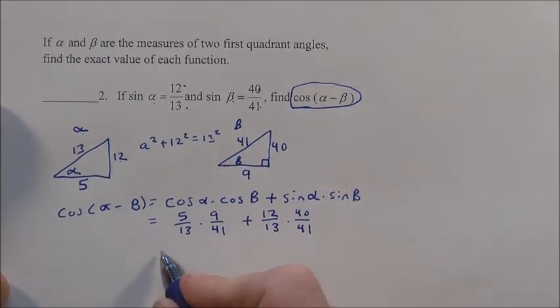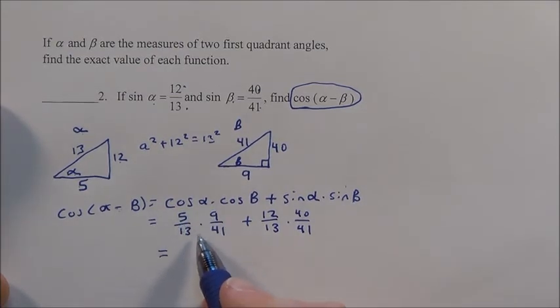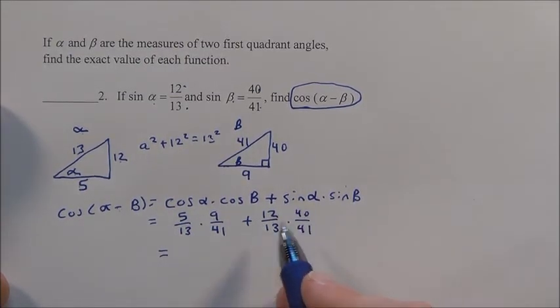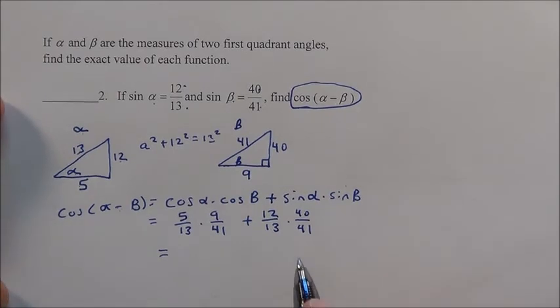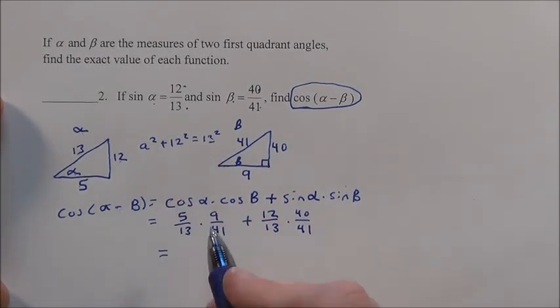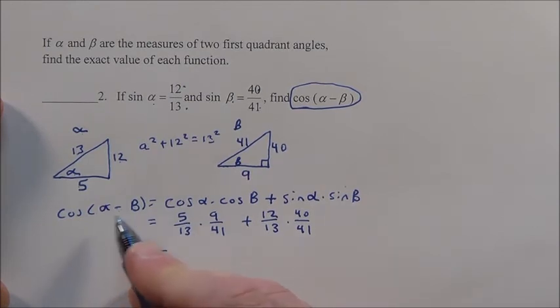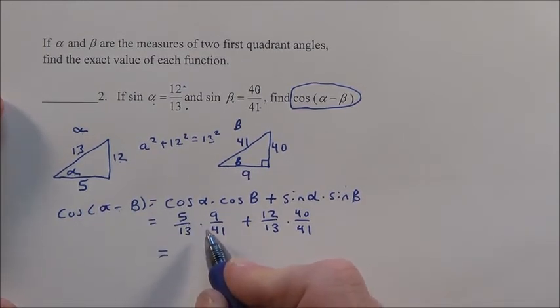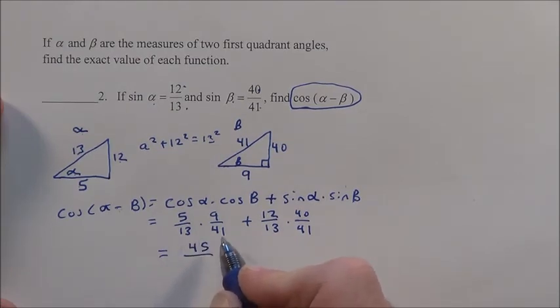Okay. So now all I've got to do is multiply these, and then add them together. The denominators will always be the same in these problems for cosine and sine when we're doing a double angle here, or adding two angles. 5 times 9 is 45. 13 times 41 is 533.